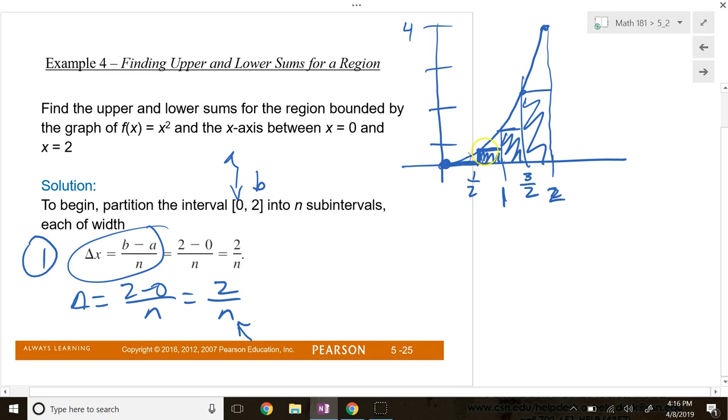So the leftmost points. You take the 2 over n and you put an i on it. For the left-hand subinterval, you're going to do an i minus 1 instead of just an i. So you take the delta x here, 2 over n, and you stick an i for the right hand. If it's a left hand, it's i minus 1.